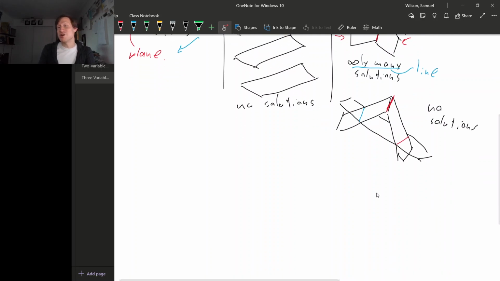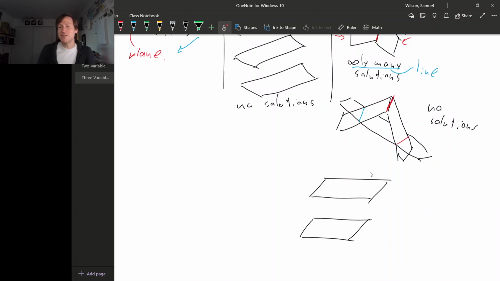Of course, we could get no solutions by having some parallel planes. If 2 of our 3 planes are parallel, even if the third plane isn't parallel, like this, then there's going to be no single point where all 3 planes intersect. So here there are no solutions.